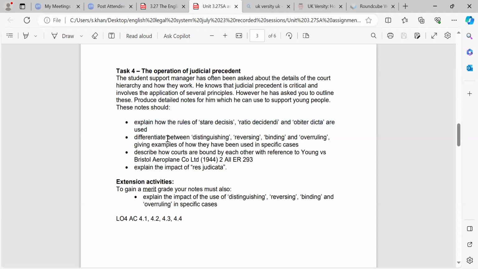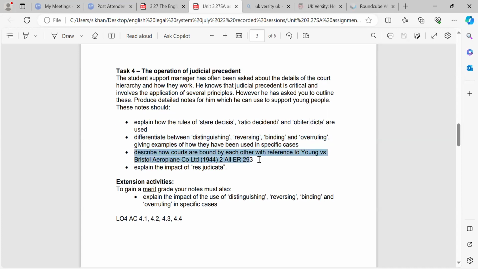Secondly, differentiate between distinguishing, reversing, binding, and overruling, giving examples of how they're used in specific cases. Use the cases we've looked at to help you identify and differentiate between them. These cases are on the slides as well.